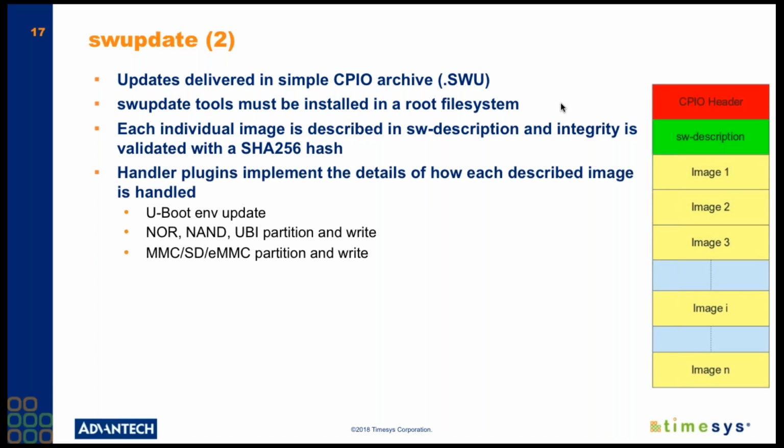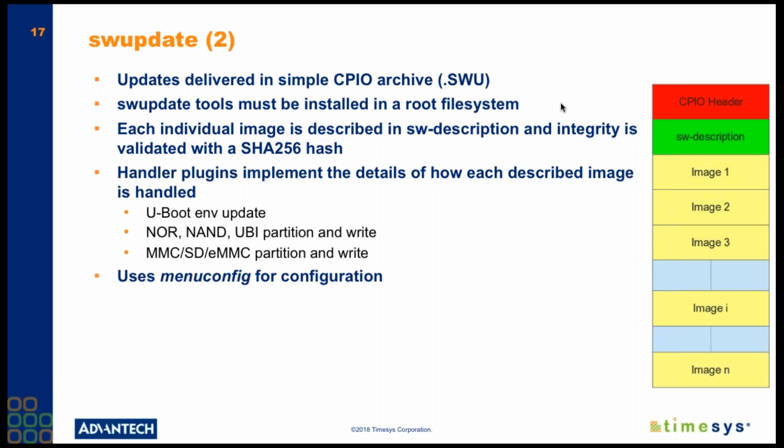So I can have a separate set of actions that are being performed on different types of images. So if I'm dealing with U-boot environment variables, I would use different action to load them into a different location compared to, let's say, root file system. So that's what handlers for those different images do.